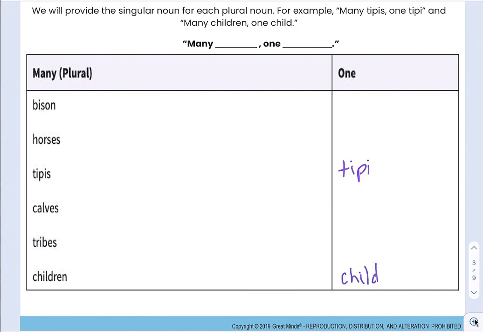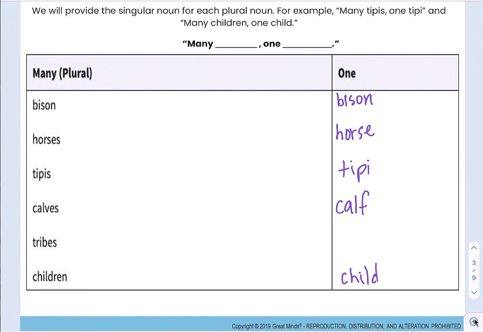Let's go through the rest and find out which plurals are irregular. Many bison, one bison. Many horses, one horse. Many calves, one calf.